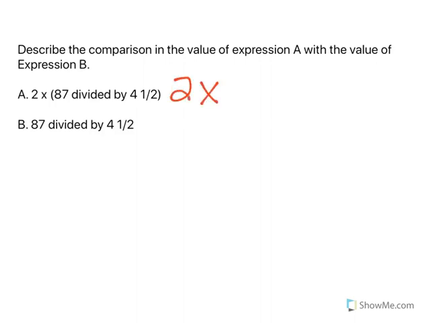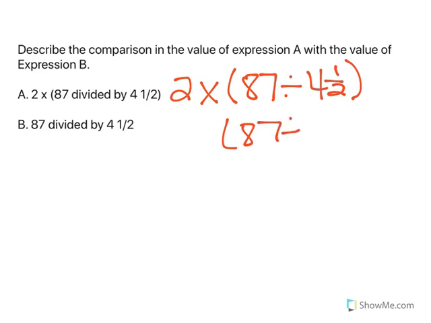So this one says that A is 2 multiplied by (87 divided by 4.5). And then B says that this is 87 divided by 4.5. And again, they're just asking us to evaluate the expressions and describe the comparison in the values.